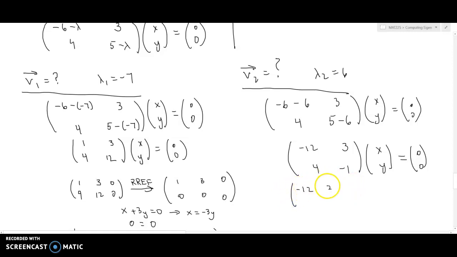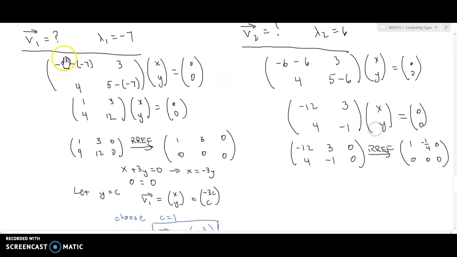So negative 12, 3, 4, and negative 1, augmented by the 0 vector. There's my constants. And if I perform Gaussian elimination on this, I'll end up with 0, 0, 0 down here, and this one will reduce to 1, negative 1/4, and 0 for those components.